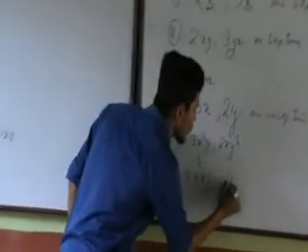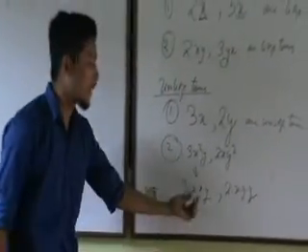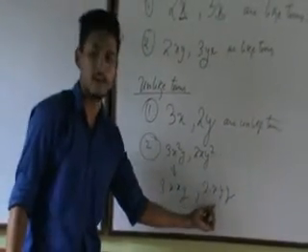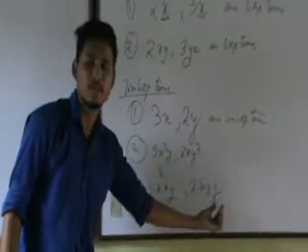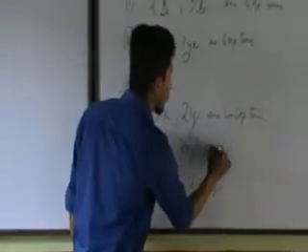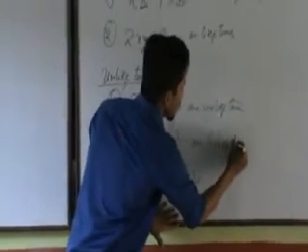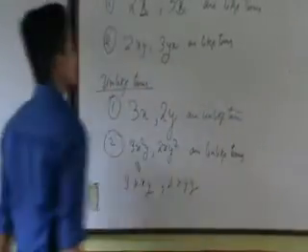For this term it is 2 into x into y into y. Here you have two x's, there only one x. Here one y, there two y's. So they are totally different, so they are unlike terms. Is this clear? Yes. Okay.